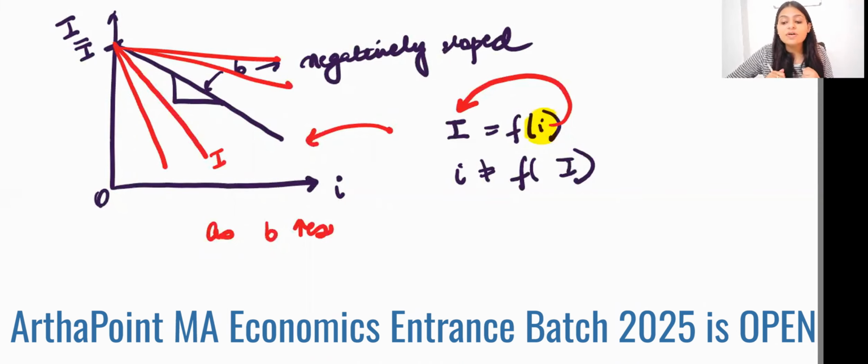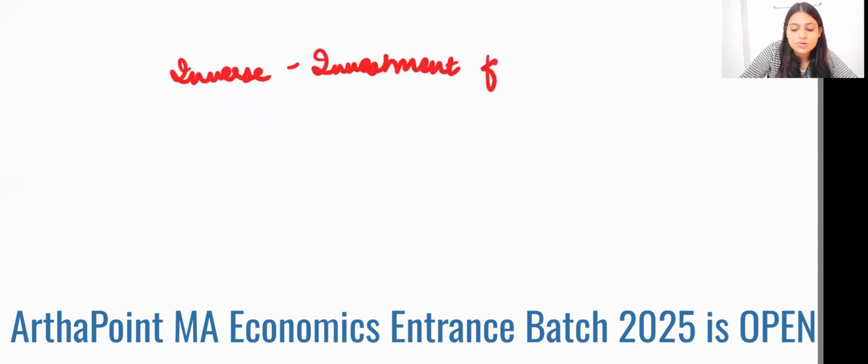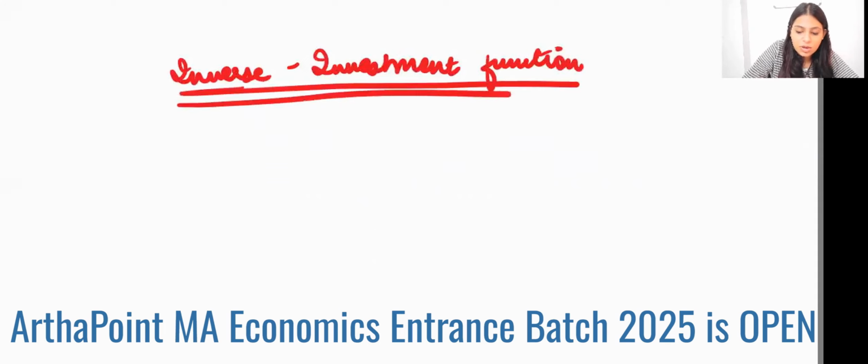However, whenever we have to plot this investment function, especially whenever we have to plot anything where one of the factors is a price, for example the investment function, the demand function, the supply function, we always plot the inverse of those. So we plot the inverse investment function. I will keep telling you how and why this is important.